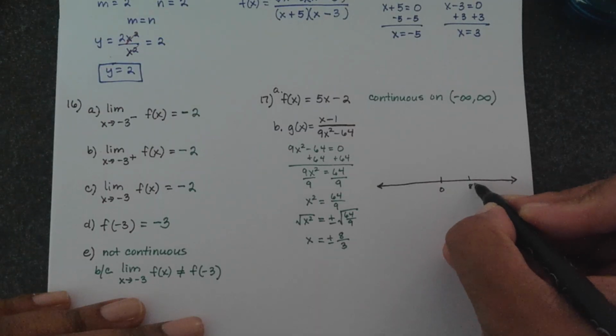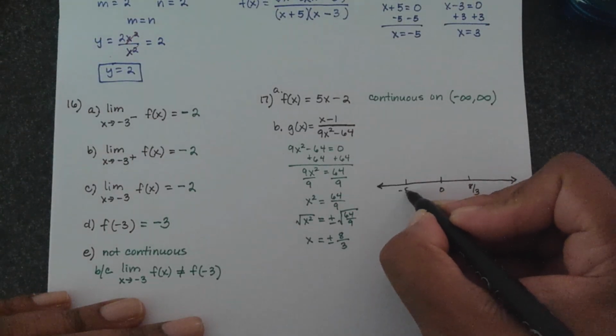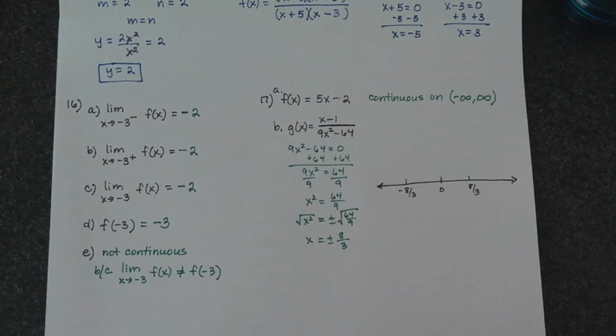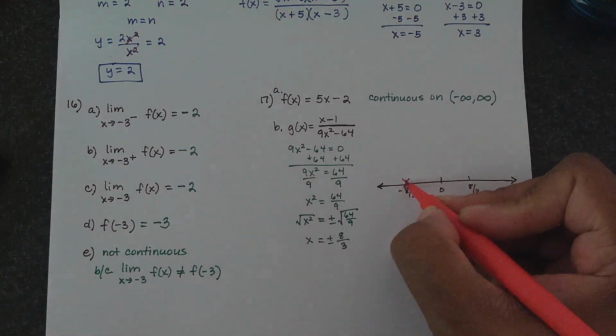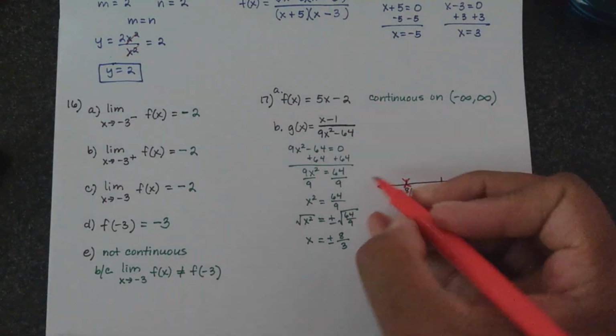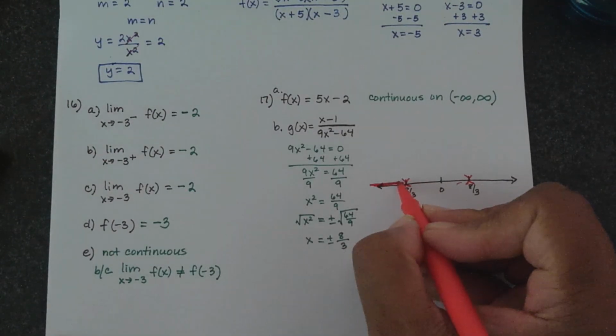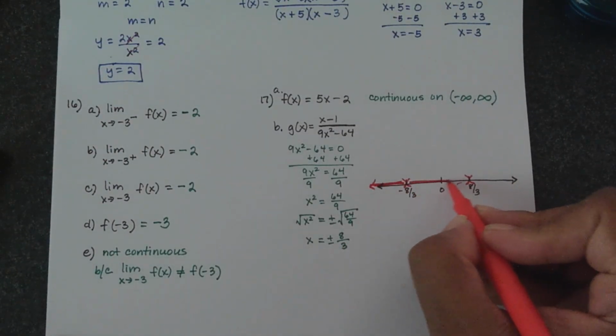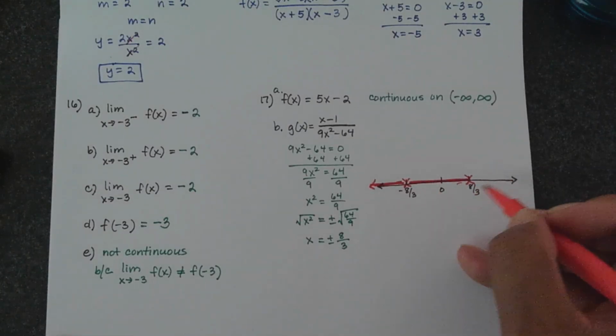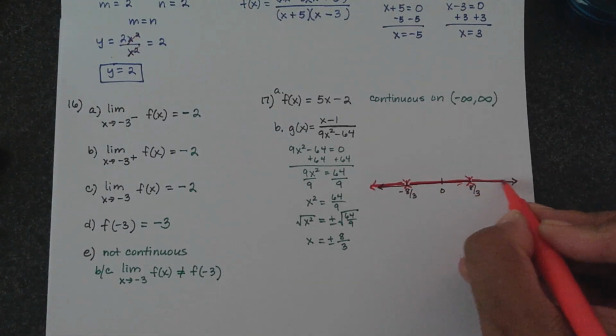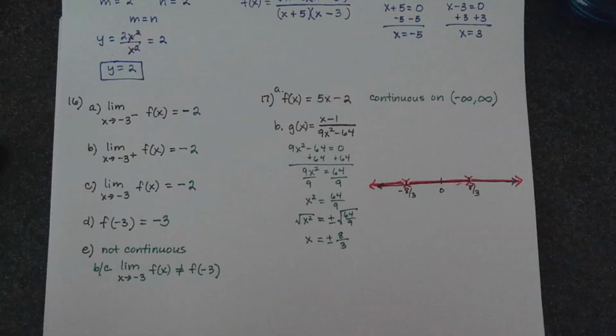All right, now, to get the intervals where it's continuous, let's say 8/3 is over here, and -8/3 is over on the left of 0. At 8/3 and -8/3, we're going to get 0 in the denominator. Any x value less than -8/3 would work. Any x values between -8/3 and 8/3 would work, and any x value greater than 8/3 would as well.